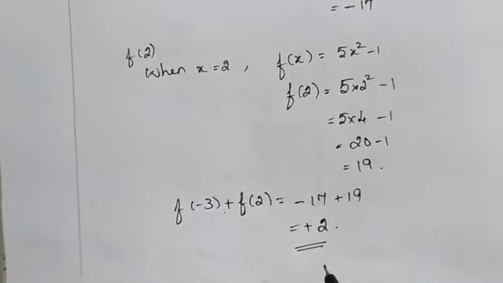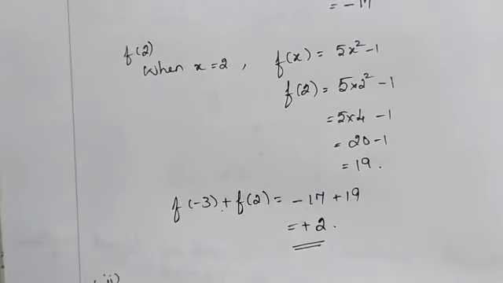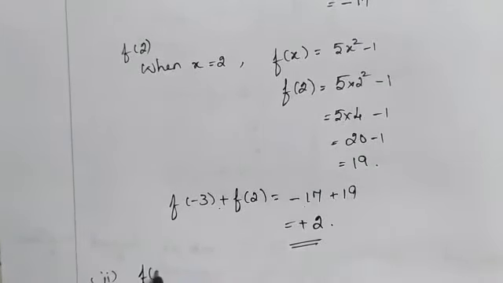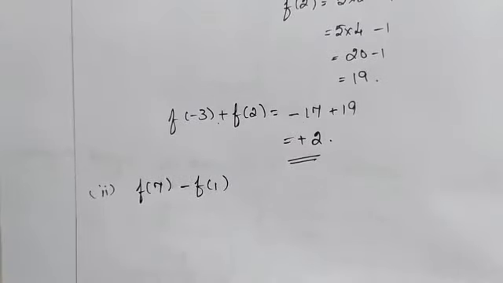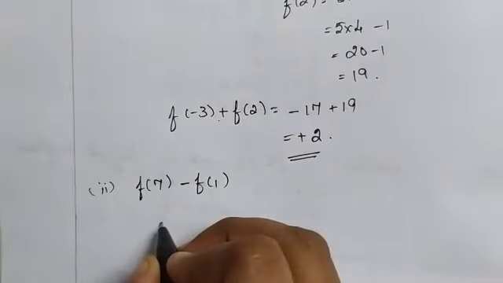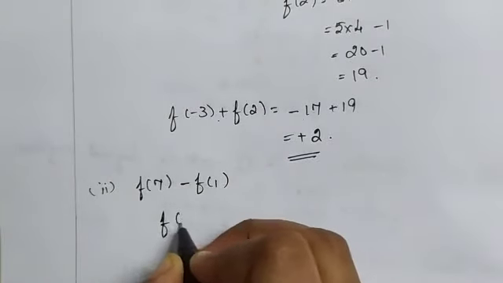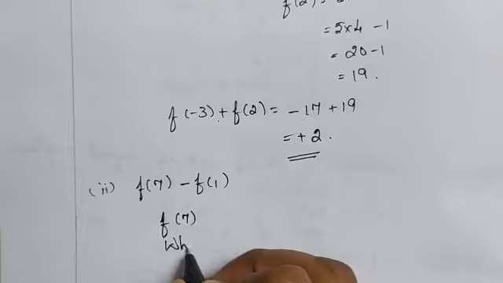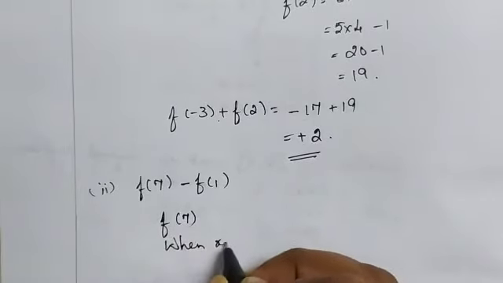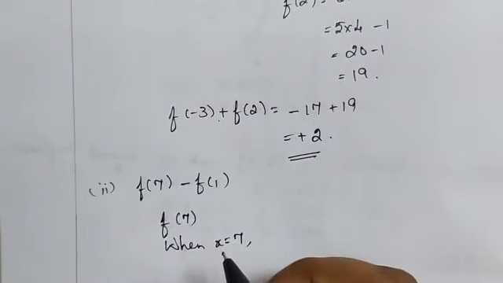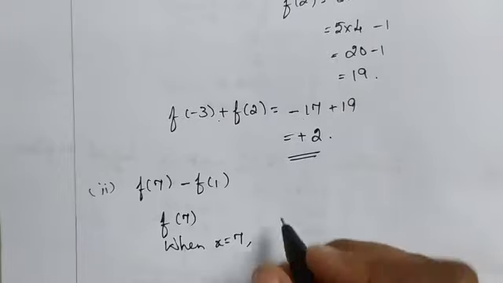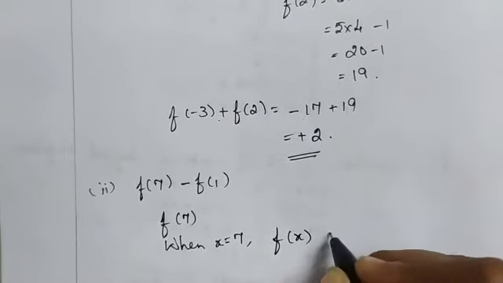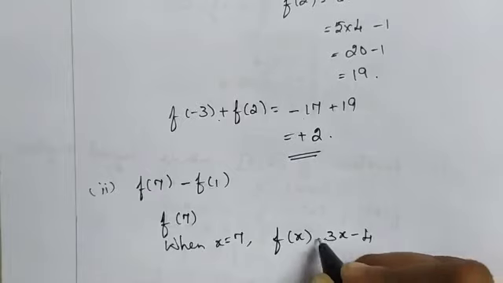Now find the second one, that is f of 7 minus f of 1. First find f of 7. When x is equal to 7, check the formula. 7 is in the third line, therefore take the third line formula, that is f of x is equal to 3x minus 4.